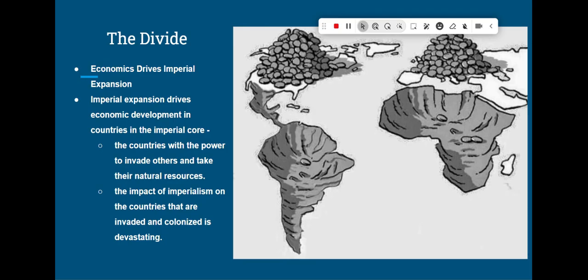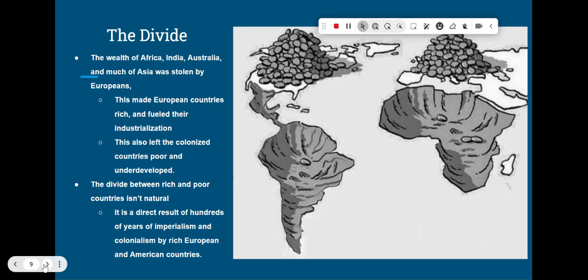The impact of imperialism on the countries that are invaded and colonized is pretty devastating. The wealth of Africa and India, Australia, and much of Asia was essentially stolen by Europeans, and this made European countries rich and fueled their industrialization.